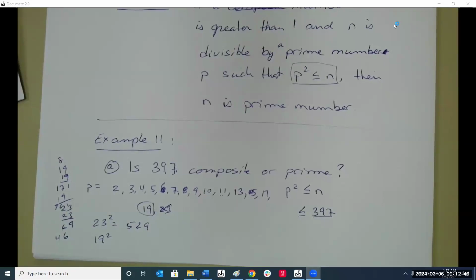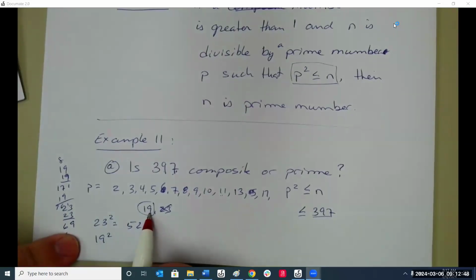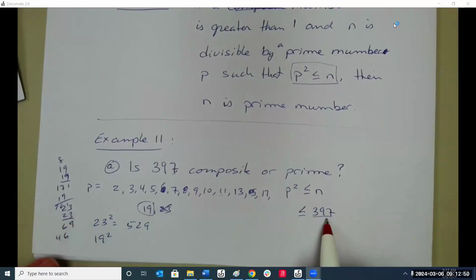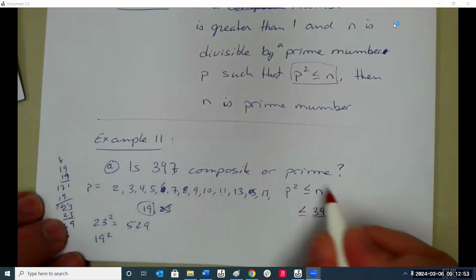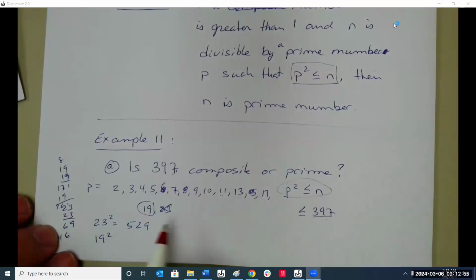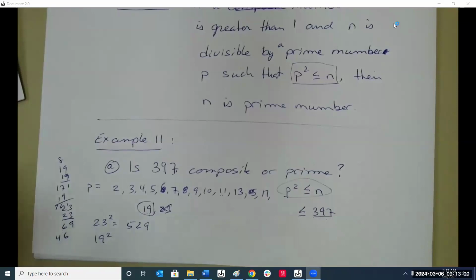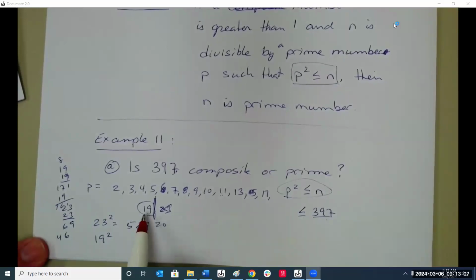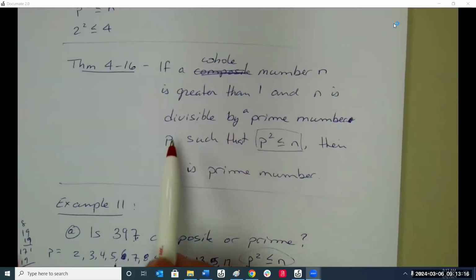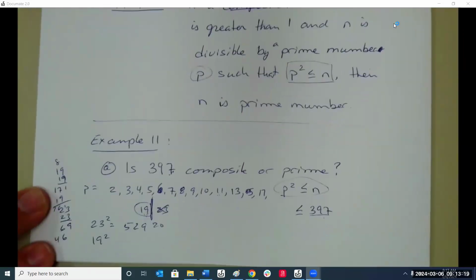So what would multiply by 19 to equal 397? Yes, it satisfies this condition, but is 19 a divisor of 397? No. So we have to stop at that number. If we go to 20, that's too much. So the highest number we can go to is 19. We have to check all those numbers to see if they're divisible into there. Only the prime numbers, because p has to be a prime number.